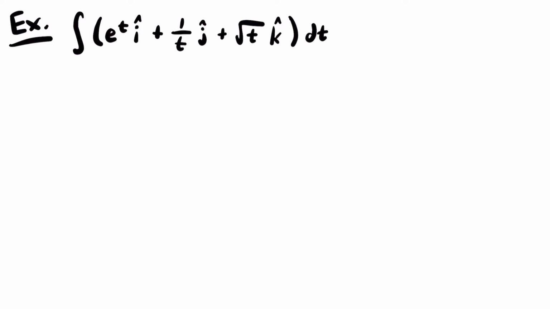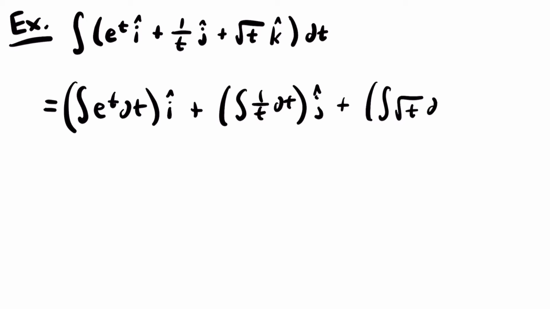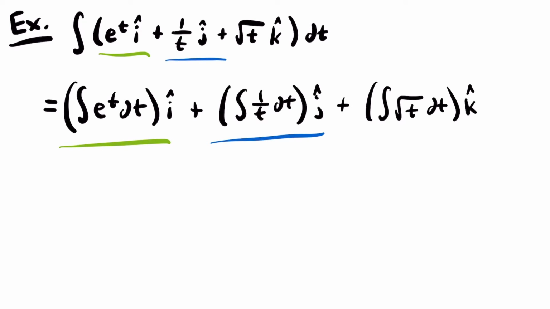Okay, so if we integrate, we will have the integral of e to the power of t dt times i plus the integral of 1 divided by t dt times j plus the integral of the square root of t dt times k. All right, this is the integral of the x component, this is the integral of the y component, and this is the integral of the z component.